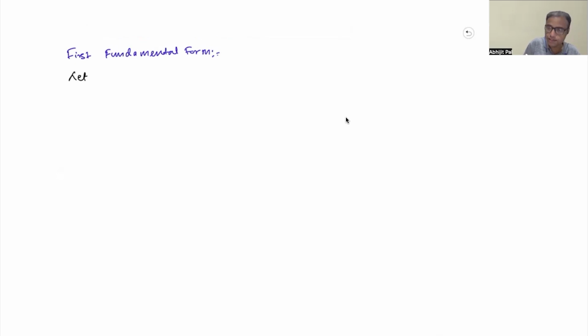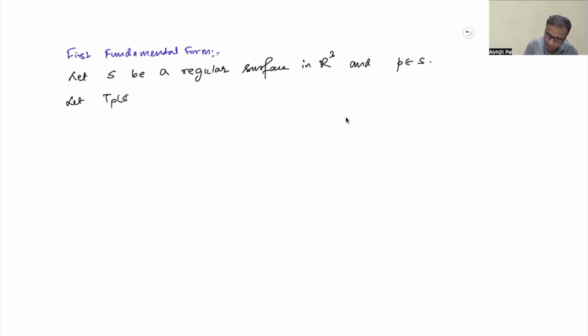Let us take a regular surface in R3. Let S be a regular surface in R3, and let us take an arbitrary point P in S. Now let us take the tangent space of this surface S at the point P. So let TPS denote the tangent space of S at P. On this tangent space, I can define the inner product as follows.